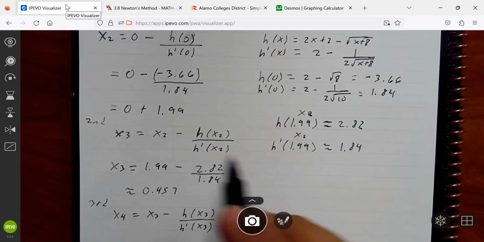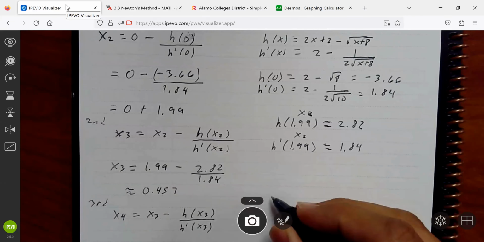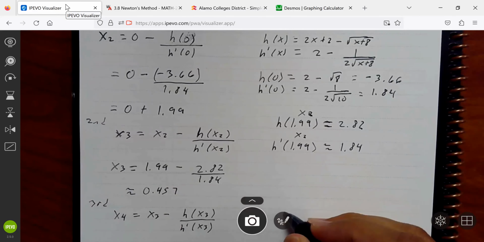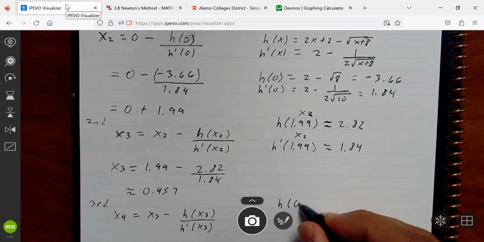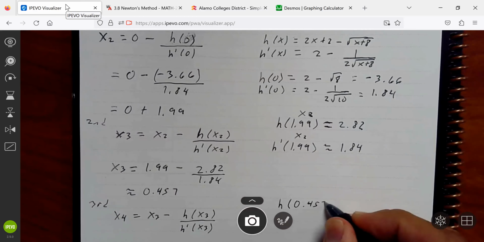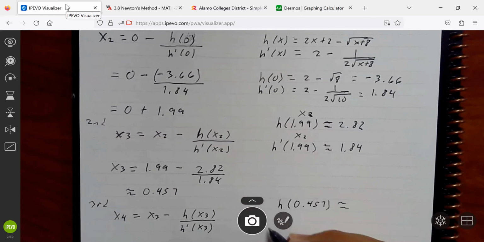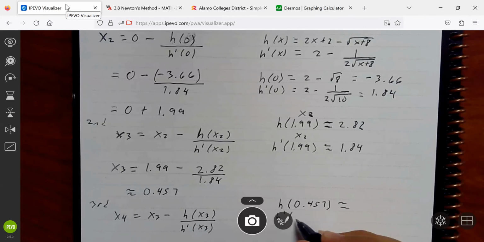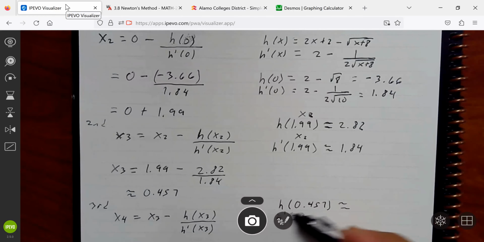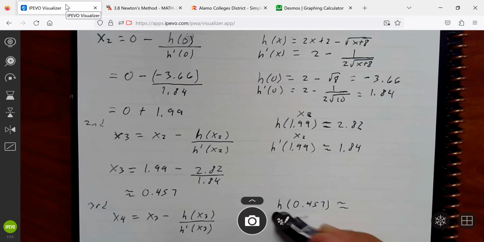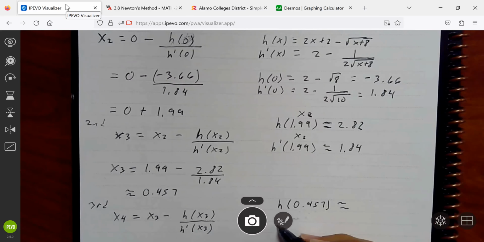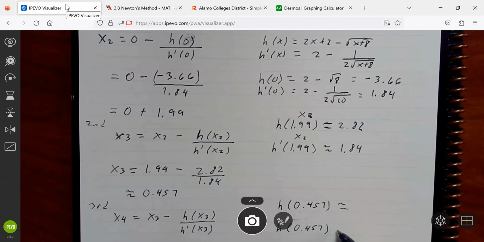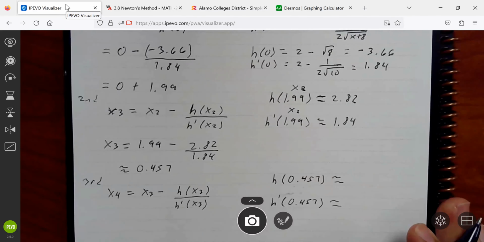So over here, I'm going to do H of 0.457 and just use the graphing calculator on the website. Do the derivative. And then we'll just plug it in and make it easier. And after that, we'll have the exact one we want.